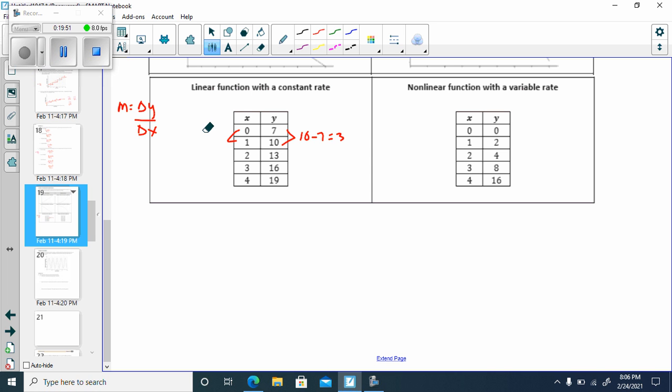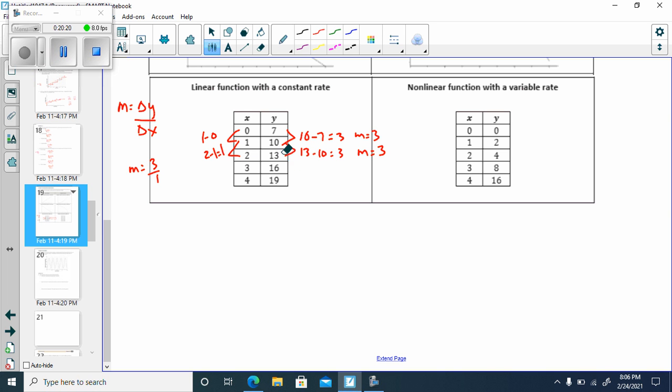This is 1 minus 0. That would be 1. So the slope for that one is 3 over 1, which is 3. M is 3 between those 2 points, okay? Let's try these next 2 points, 1,10 and 2,13. 13 minus 10 would give me 3. 2 minus 1 would give me 1. That's 3 over 1. Slope is 3.